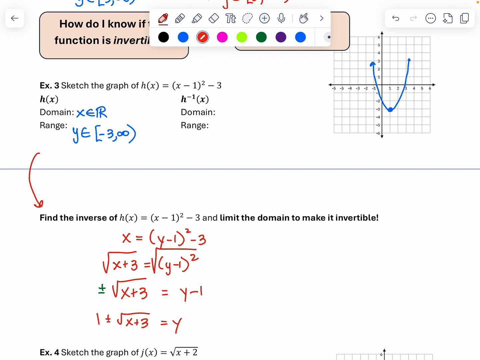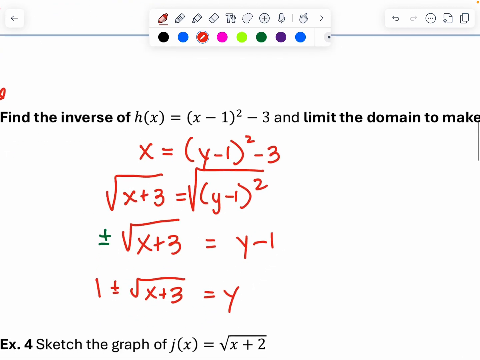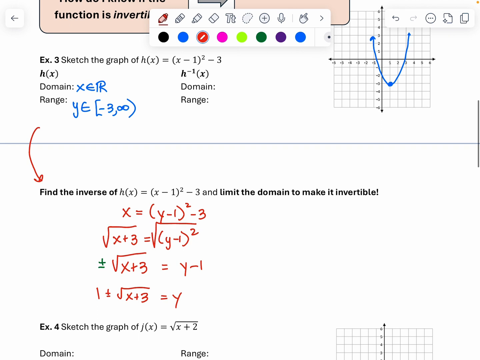And we're done. Well, the problem with that is if I plug in a specific x value, let's say 1, then my answer would be 1 plus or minus the square root of 1 plus 3. I'm plugging in a single x value, and I get 1 plus or minus 2. I get 3 or -1.